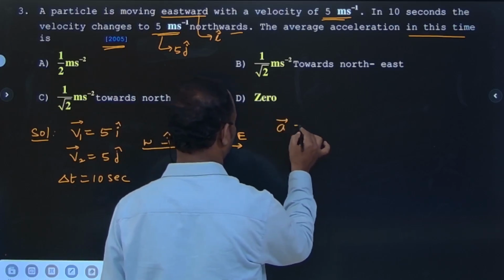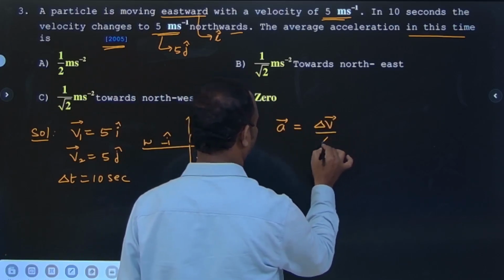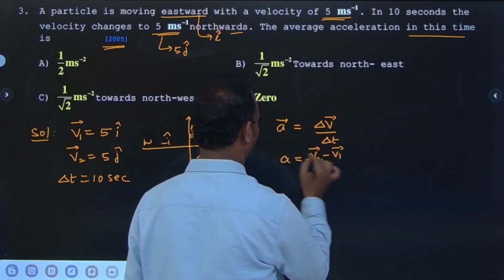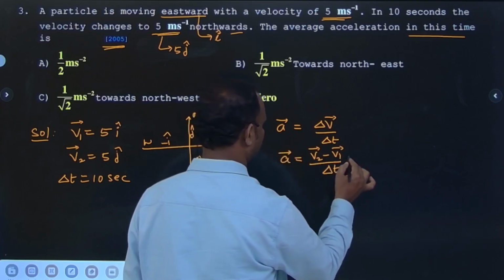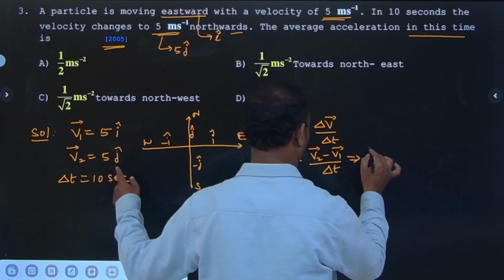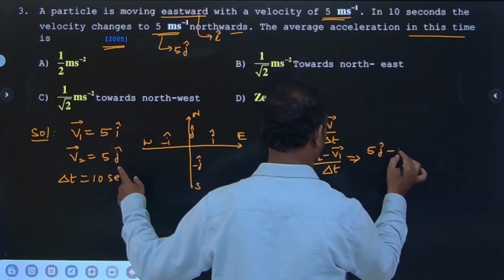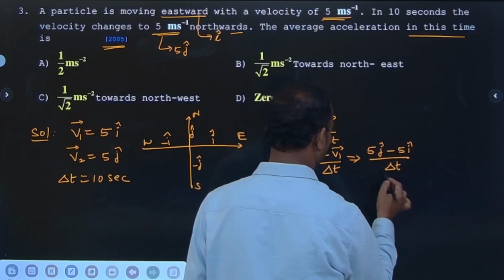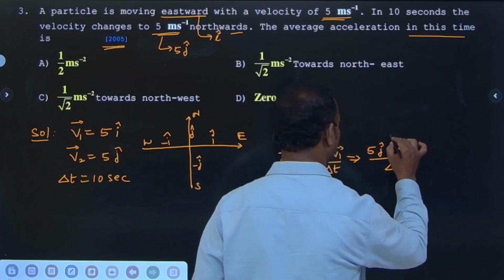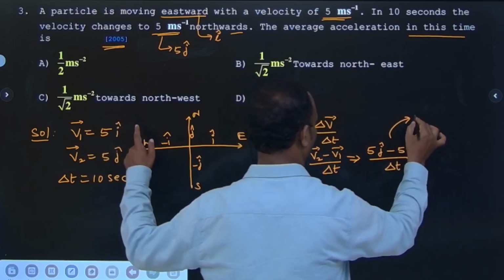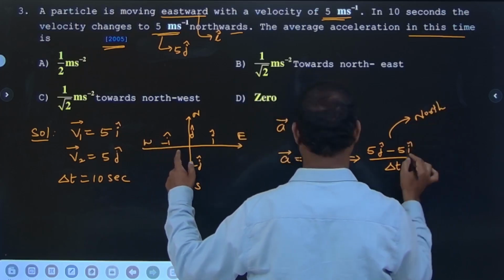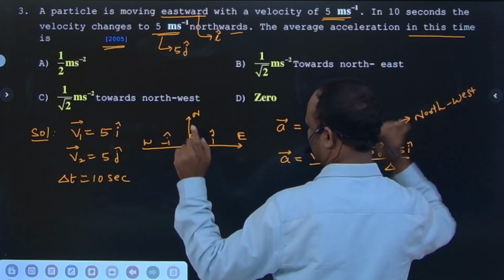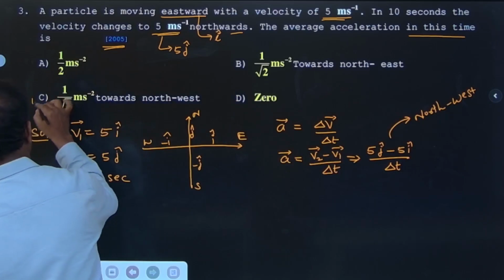A is equal to delta v bar by delta t, which is v2 bar minus v1 bar by delta t. v2 bar is given, so it's 5 j cap minus 5 i cap by delta t, which is 10. From this we can say the direction: j cap is north, minus i cap is west. Northwest direction. So from the northwest direction we can choose the answer.